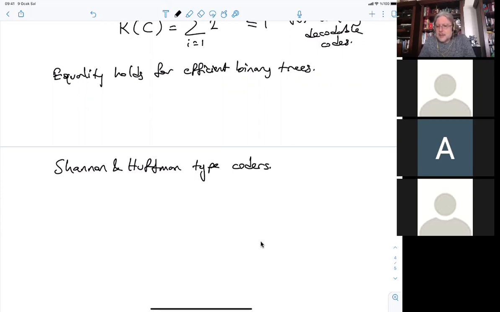The name Shannon is due to his further collaboration, not only the information theory construction, which is an amazing invention by itself, but he was also collaborating with other scientists to come up with the Shannon type codes, also known as Shannon and Huffman type codes.